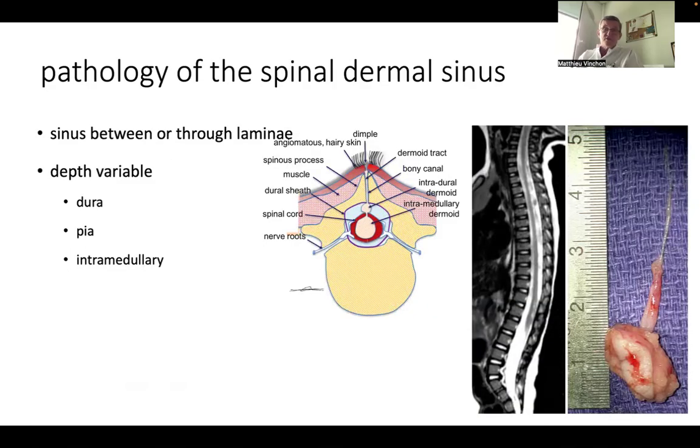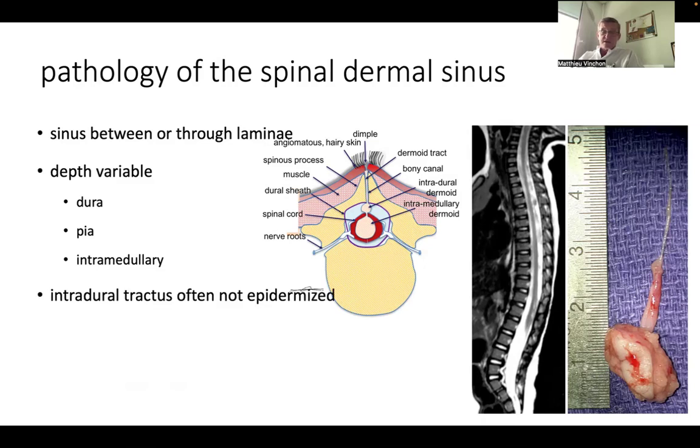So the pathology of the spinal dermal sinus: you have the dimple, which is in the middle of a skin angioma. You have some hair around it, and the depth is variable. It can go down to the dura, to the pia, or intramedullary, and it goes either between the laminae or through the lamina, as shown here.